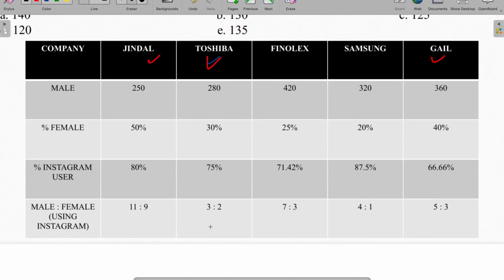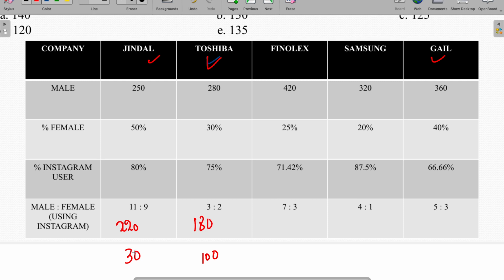We know Toshiba males using are 180 out of 280. It means 100 members are not using. Like that, in Jindal 220 are using out of 250, which means 30 members are not using.